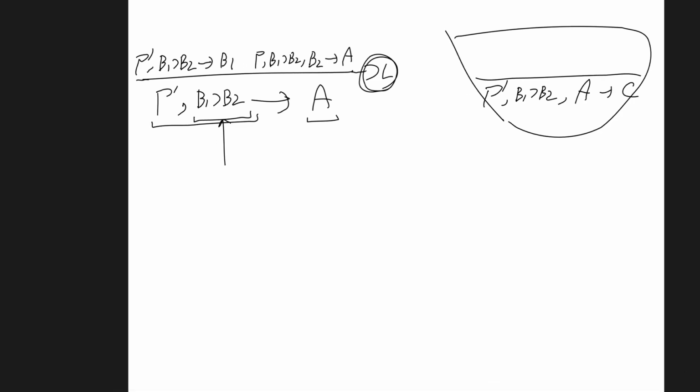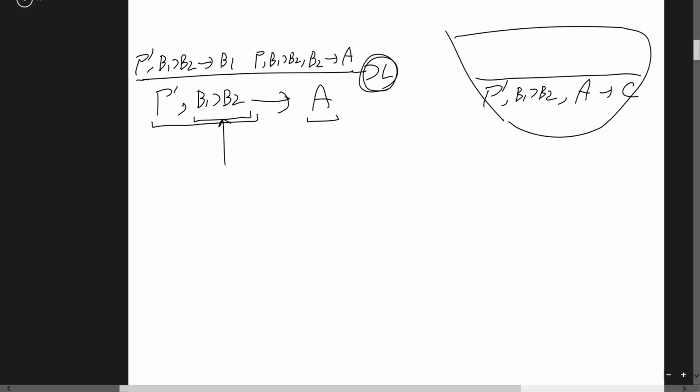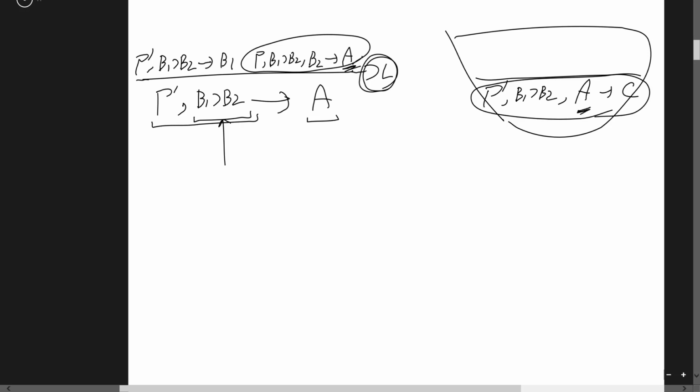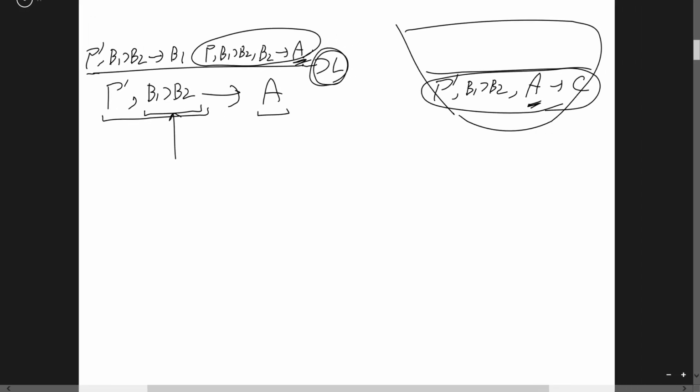Now, how can you apply this cut elimination? We have to find a pair of sequents. And in this case, if you think about it, this one and this one can be paired because that's the only pair of sequents where the cut formula is found. So we'd like to apply the induction hypothesis on formula A. So this time the cut formula is the same.